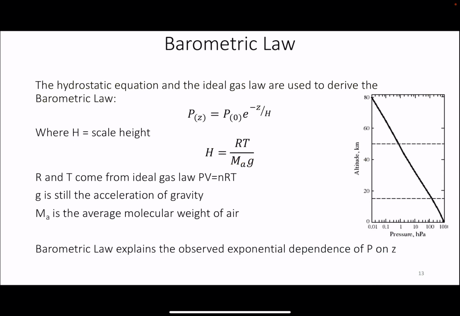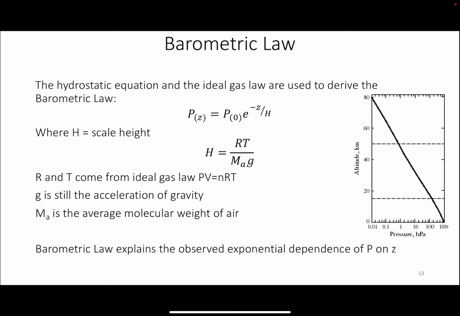Okay, so the hydrostatic equation, which we just showed, which is that you have this pressure gradient that's balanced by the mass of the slab of air, is used in conjunction with the ideal gas law to derive what we call the barometric law. And this equation here is the barometric law.